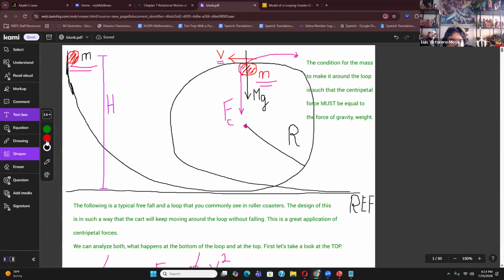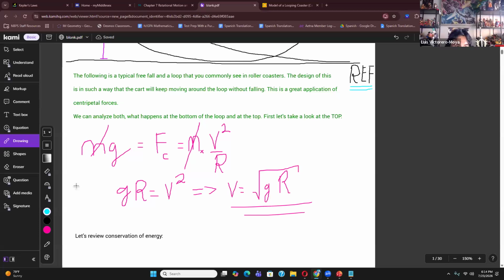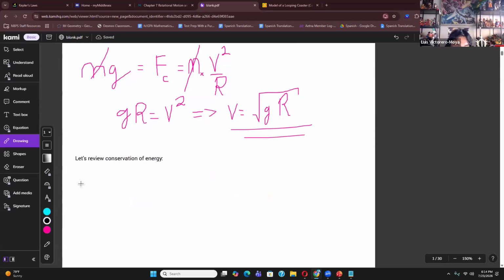So the energy at point A is equal to the energy at point B. And this is my reference. Because I'm letting the mass go with initial speed 0, the only energy at A is the potential energy.